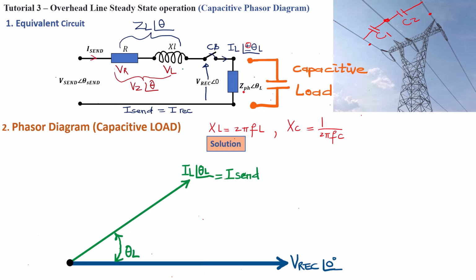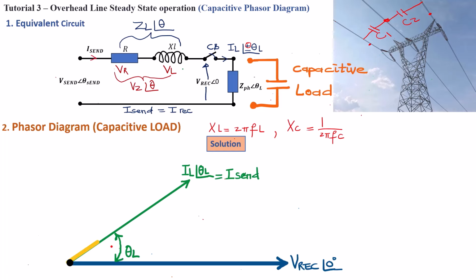Now, once the circuit breaker has been closed and we've got the current leading the voltage by an angle, the next thing that will happen is that some situations will start to develop at the transmission line. The first situation is that VR, the voltage across the resistance of the cable, is going to be in phase with this current IL, which is the same current as I send.